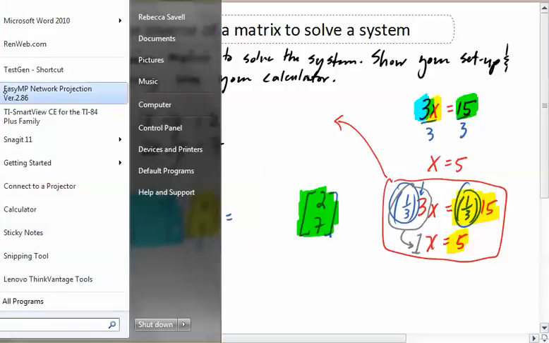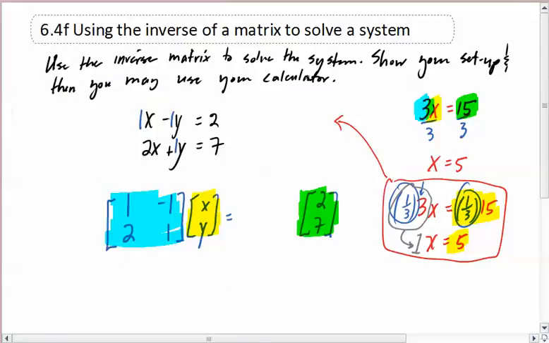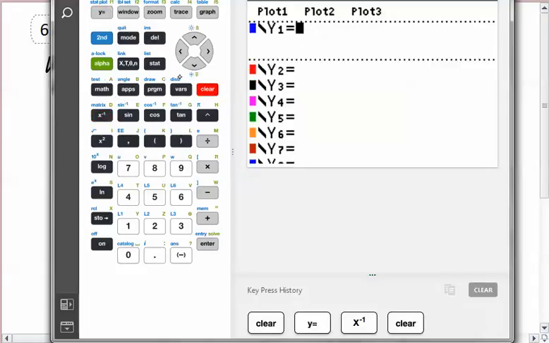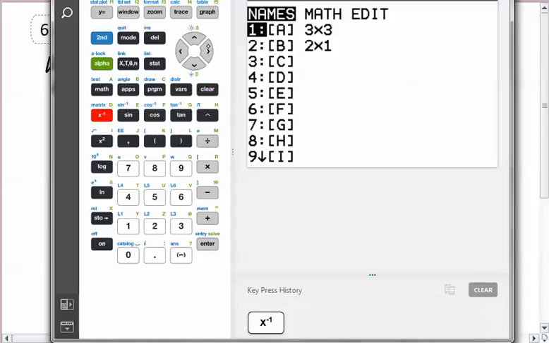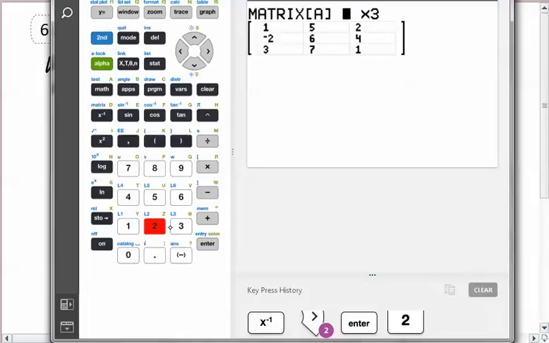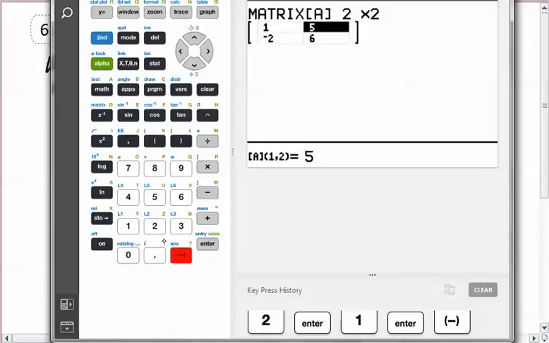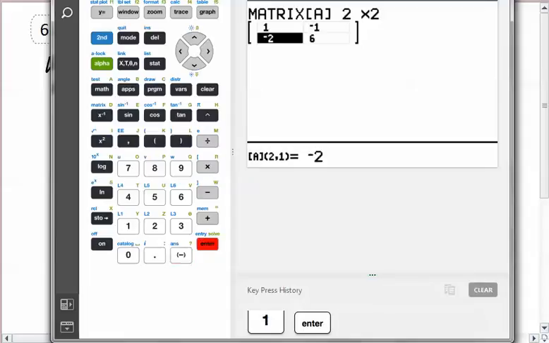Alright, so here we go. Second matrix. Alright, so I'm going to go to Edit. I'm going to put in my 2 by 2. Okay, it was 1, -1, 2, and 1.